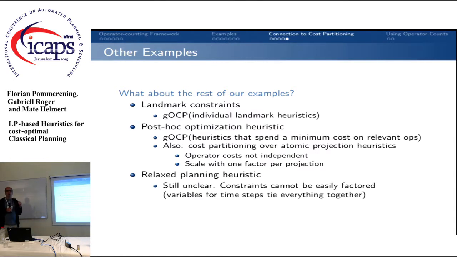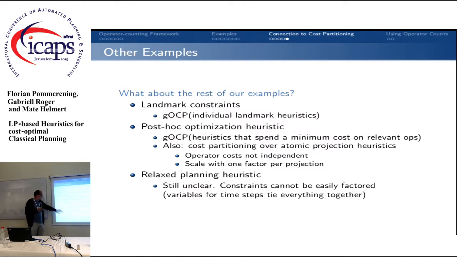So if there are additional variables, they should all be in one component, because otherwise the components would be dependent on each other in a way that has nothing to do with operator counts, and that's not allowed for an operator counting constraint.